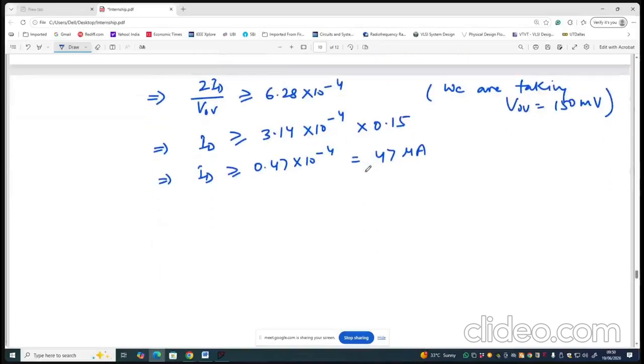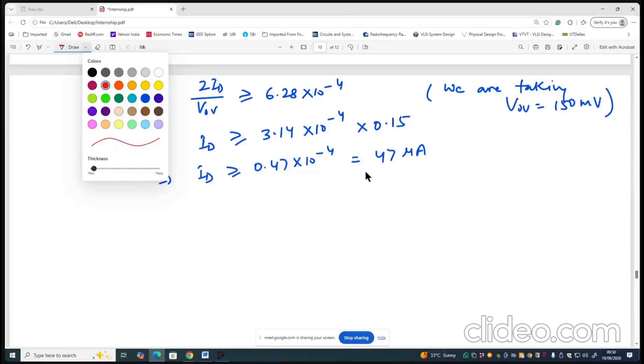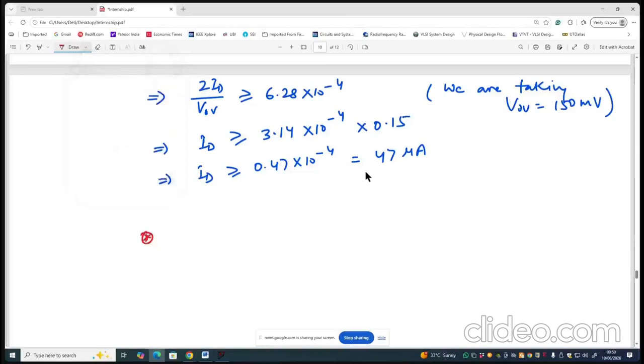So from this exercise, VOV1, that is for M1, is equal to 0.15 volt, and ID1, let's take it as 50 microampere, for example, greater than 47 microampere and less than 100 microampere. We can choose any value in between this range.